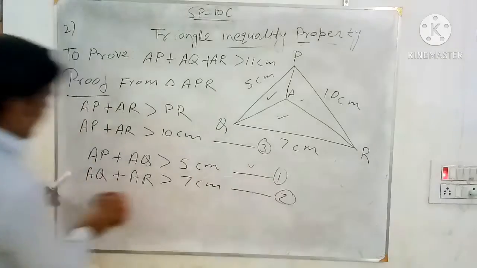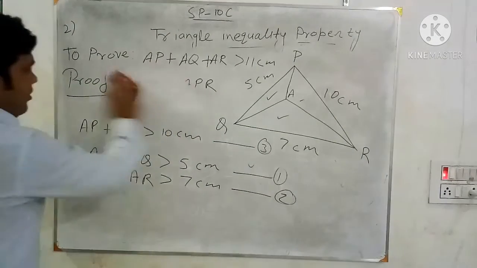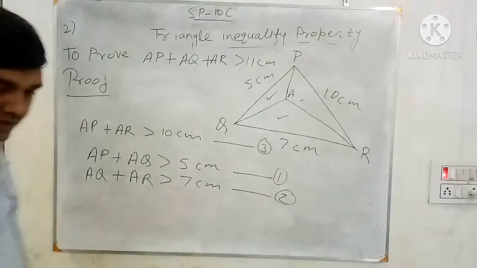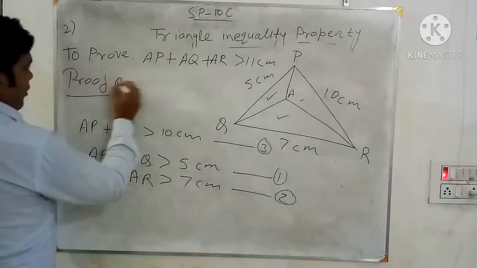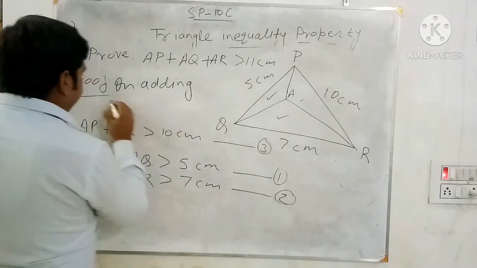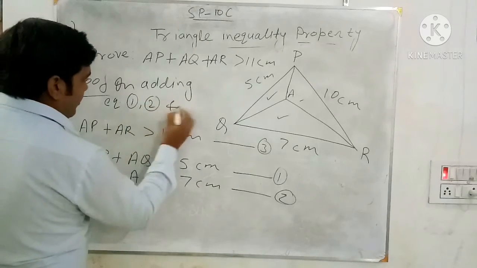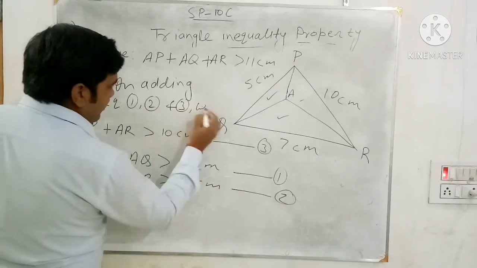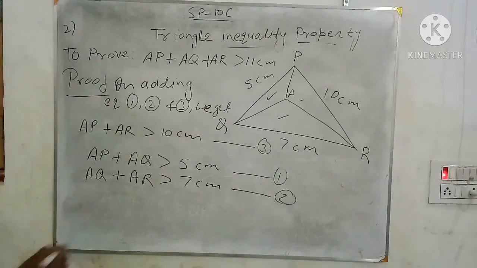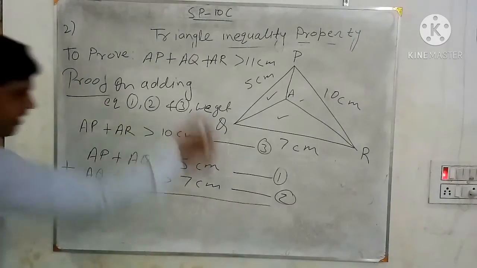Now see what we have to do. What do we write on adding equation 1, 2 and 3? On adding equation 1, 2 and 3 we get, when you add these three equations, add left hand side and right hand side.